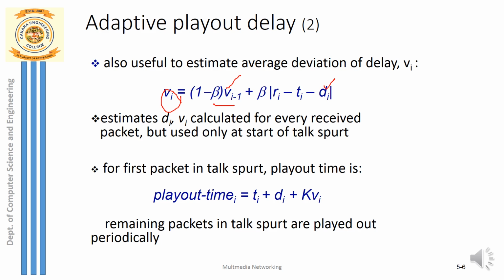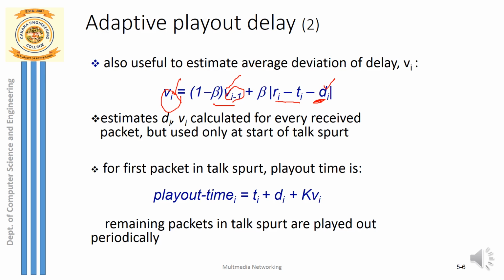Beta is a new constant that you have taken, and 1 minus beta is multiplied by the previously calculated variance, plus beta times the delay Ri minus Ti of the recently received packets, subtracted from the recently calculated average. This value you are getting is the variance, or the estimated average deviation of the delay.